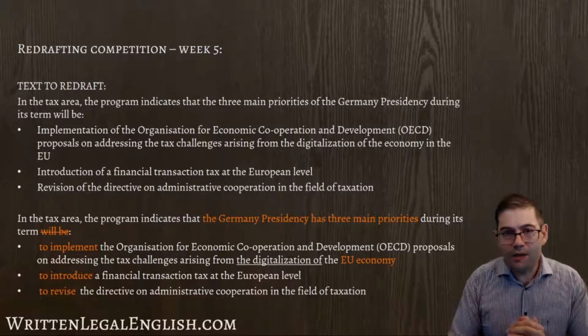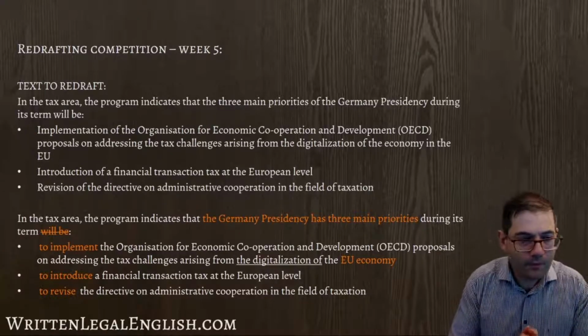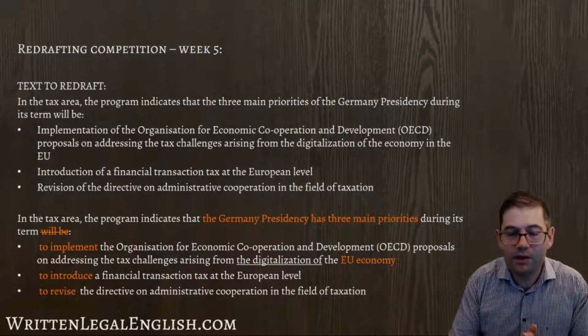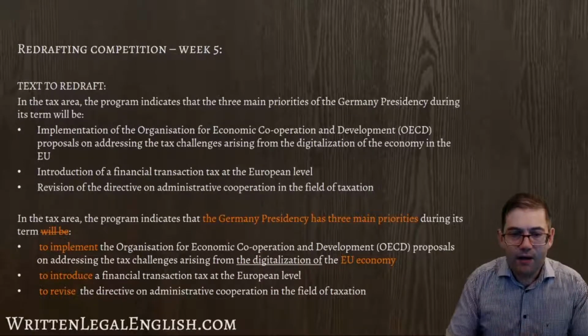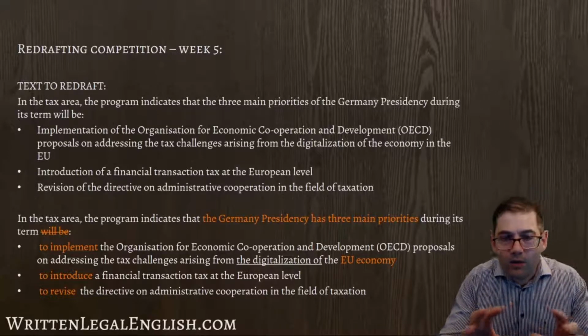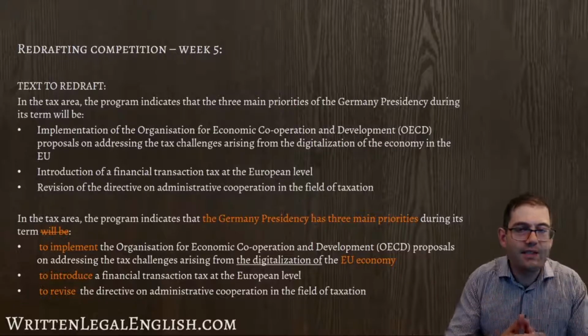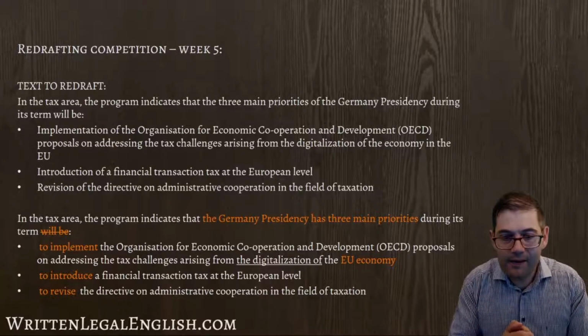You can see I've made the change with EU economy just here next to me. If you have a look at the original form, it says from the digitalization of the economy in the EU. So we've got 2 prepositions in there, and we can get rid of one of them. It makes the sentence sound a little bit less clunky.